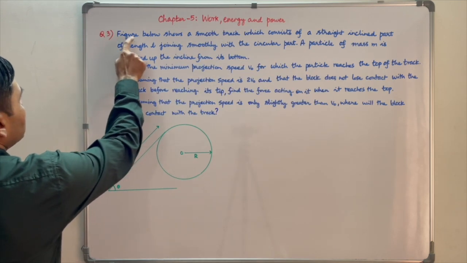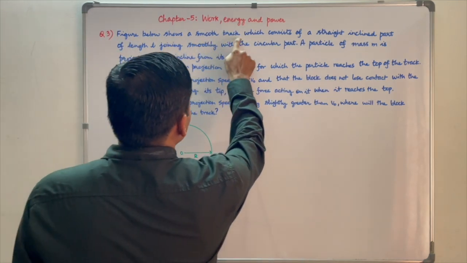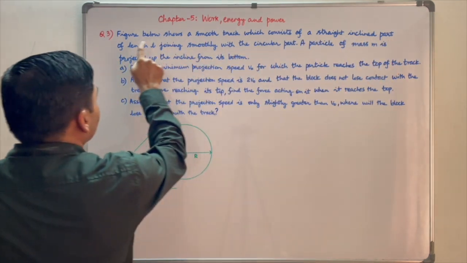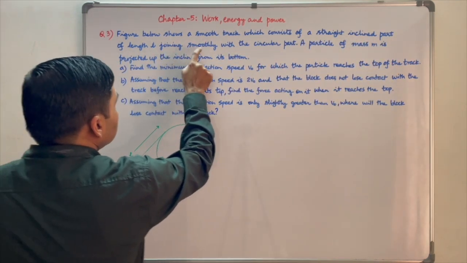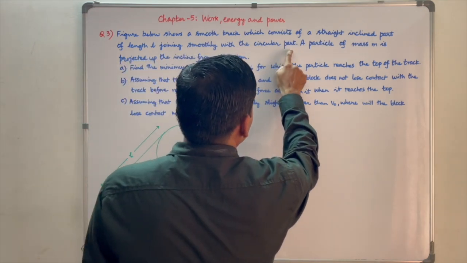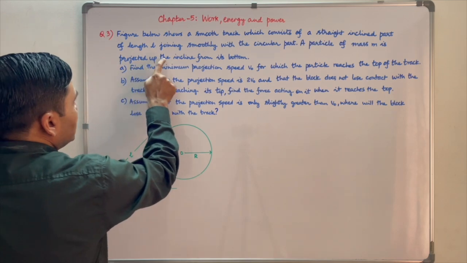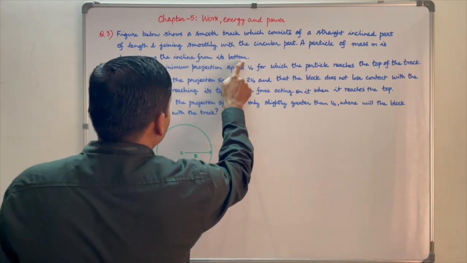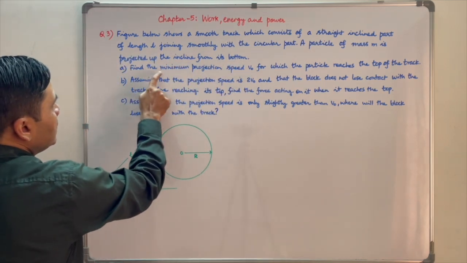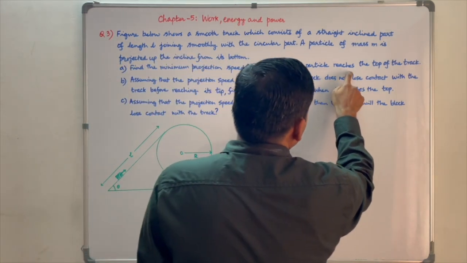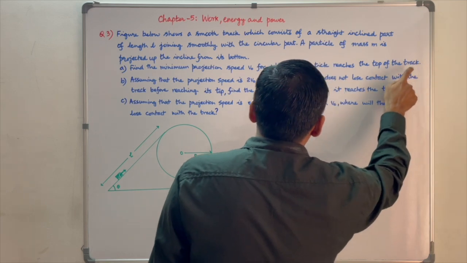Last question. Figure below shows a smooth track which consists of a straight inclined part of length L joining smoothly with the circular part. A particle of mass m is projected up the incline from its bottom. Part A. Find the minimum projection speed V0 for which the particle reaches the top of the track.